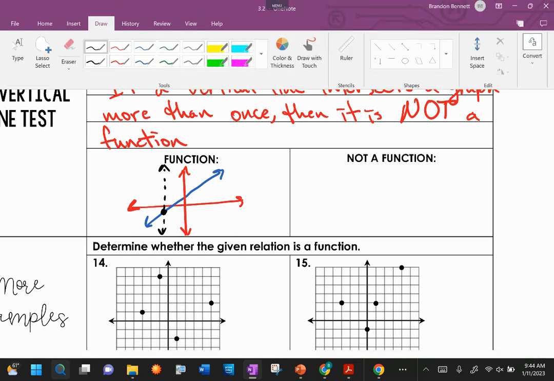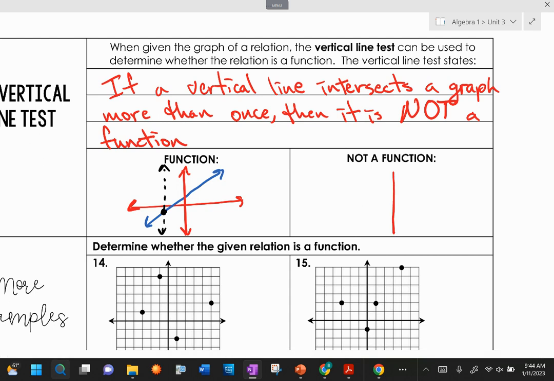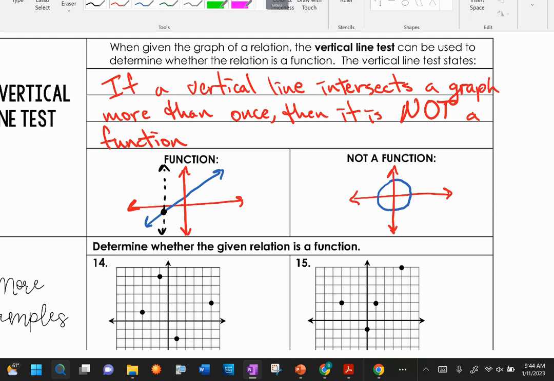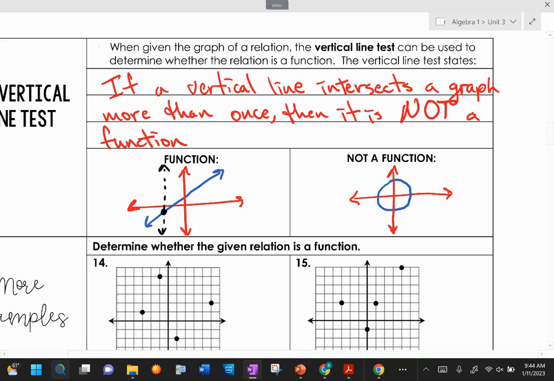Okay, so let me show you what not a function might look like. Not a function. Okay, why? It intersects twice.